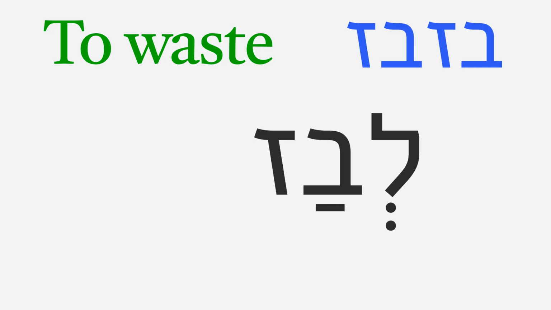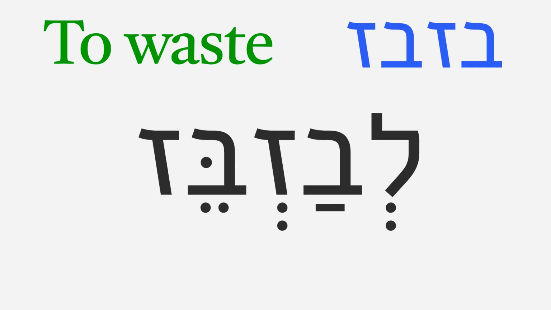But here's the trick. With 4-letter roots, we skip over the second root letter and only add a shva to it. It's the third root letter, the second beit, that gets that dagesh and tsere. The word ends with the 4th root letter zayin. That makes the verb levazbez, to waste.